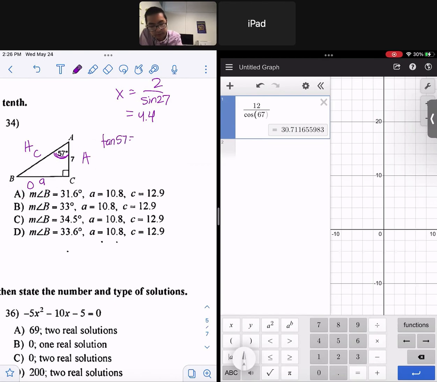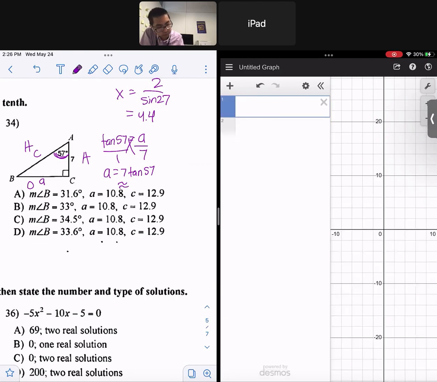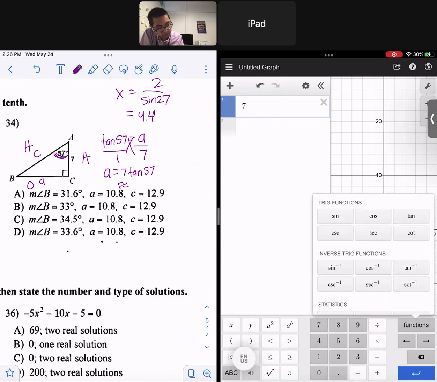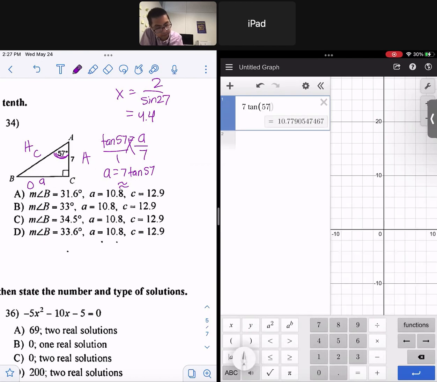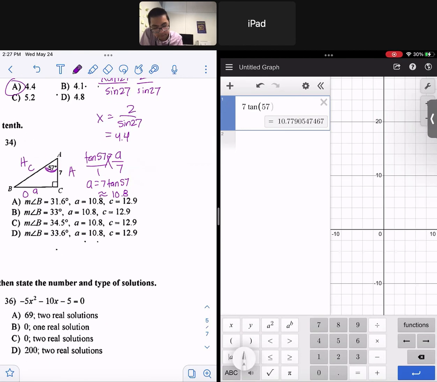Tan 57 equals opposite over adjacent. Cross multiply, A equals 7 tan 57. That is 10.8 roughly. So A equals 10.8.